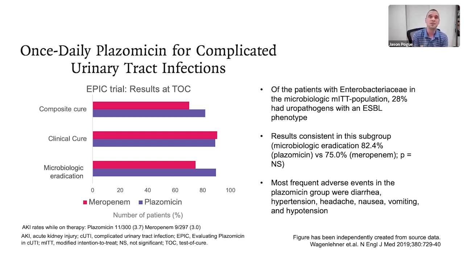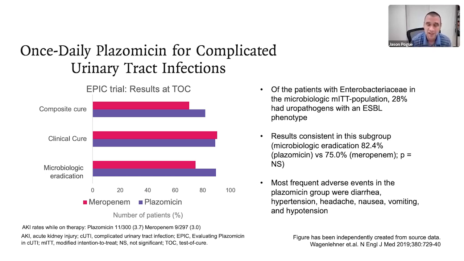And we've learned that if we can limit durations of therapy to 5 to 7 days or less, and we give the drug more pharmacodynamically optimized, meaning giving it once a day instead of 3 times a day, you can really mitigate this adverse event. And in fact, if you look at the bottom of the screen, the AKI rates while on therapy in this trial were the same between the two groups, about 3 to 4%.